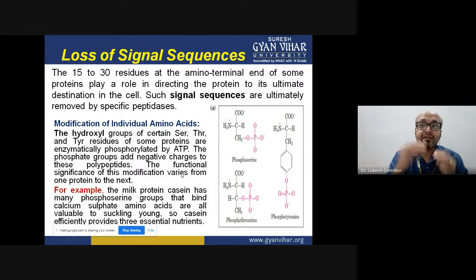Once it has reached the nucleus with the help of the nuclear localization signal, that signal sequence is cleaved off to give rise to a chain which will fold properly to give rise to a functional protein. When the signal sequence has done its job, the signal sequences are 15 to 30 residues of the amino terminal, and in the majority of cases these signal sequences are removed by specific peptidases.